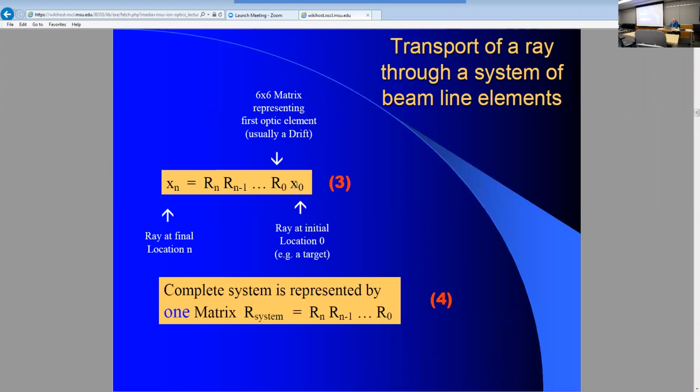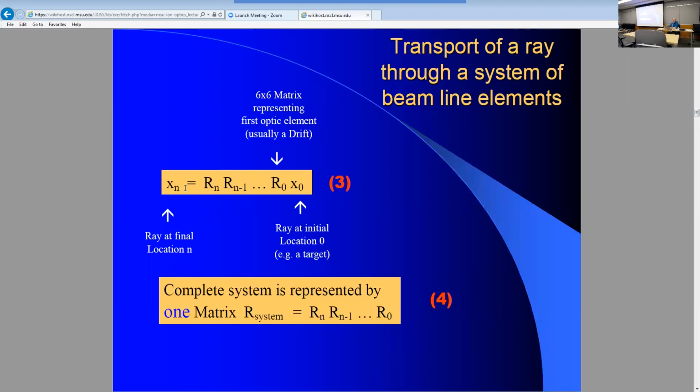If you add another element, then you can get the ray at the exit of the second element. Like this, subsequently, you can multiply matrix by matrix, and I hope you know how to multiply matrices. If not, also not a problem, because the code will do it for you.